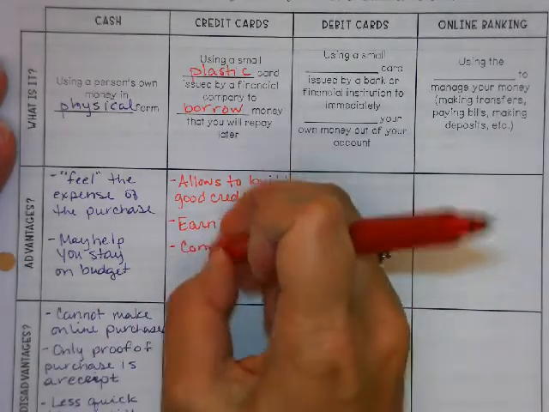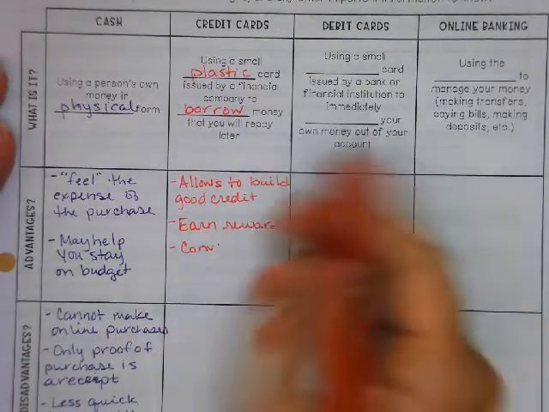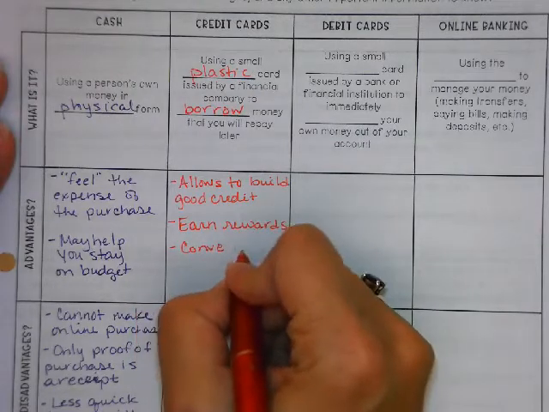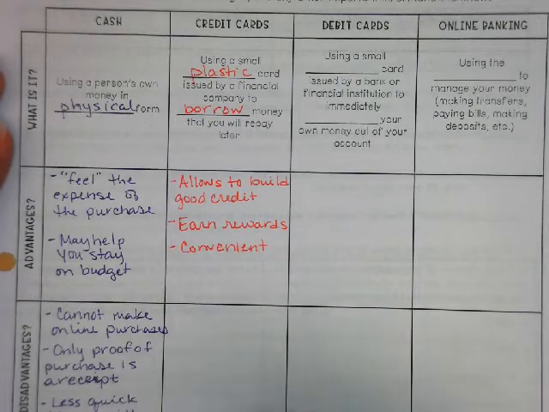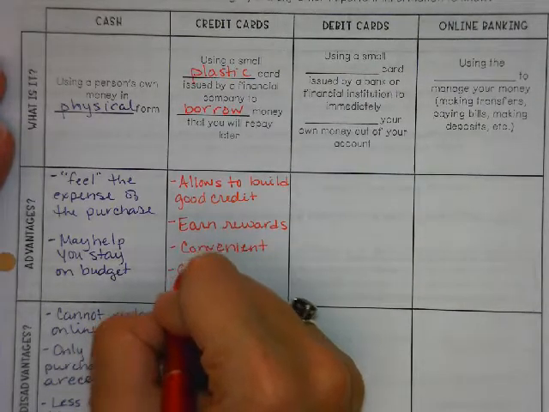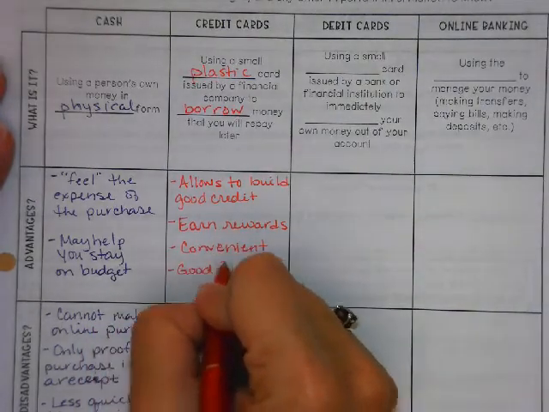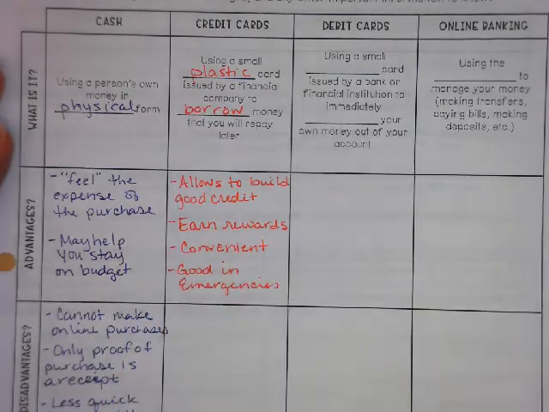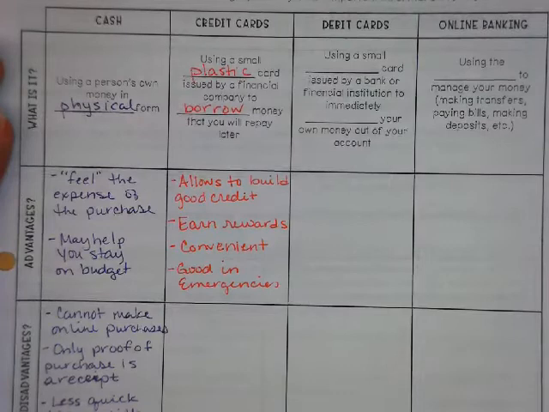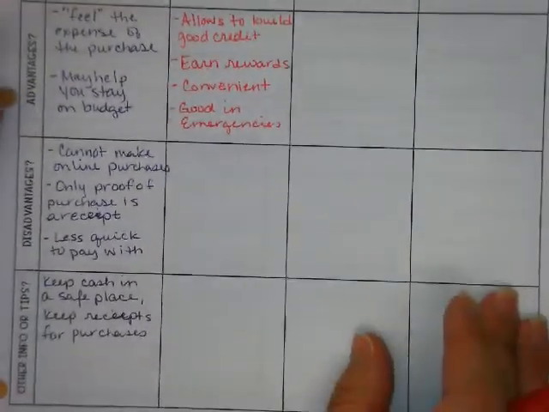I spelled that wrong too. CONVENIENT. Super easy just to swipe, and this is good in emergencies, right? If something comes up, you don't have enough cash on hand, you can always use your credit card.